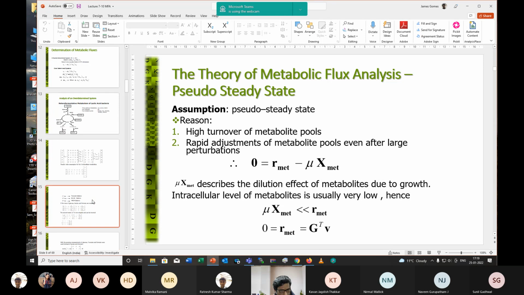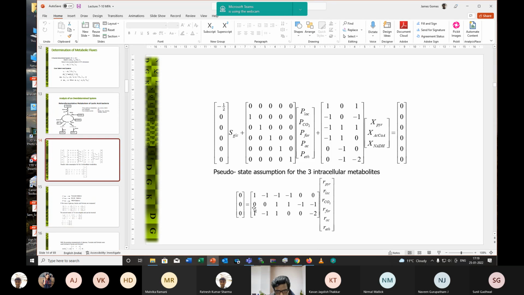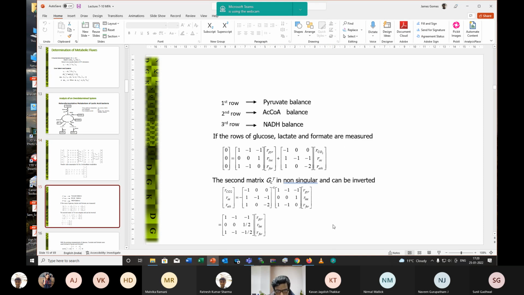Now, when you do that, we'll get the matrix. This one is transposed, and then the V terms are coming here. R is going to be 0 on the left hand side, and then you have the G transpose V coming here. Now, look at the first row, the second row, and the third row. The first row is pyruvate, second row is not acetate, it's the lactate.